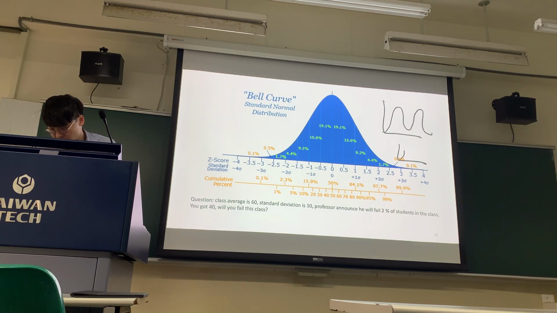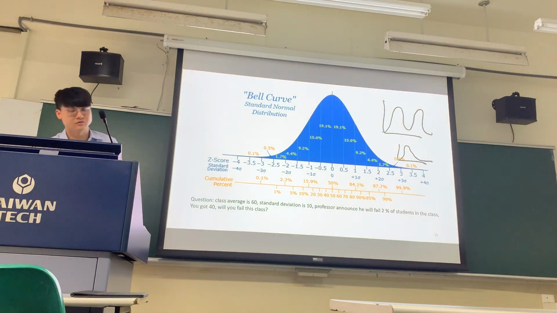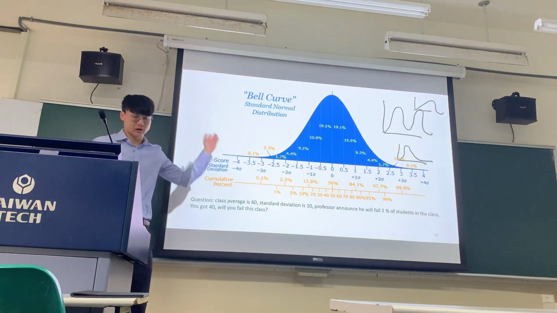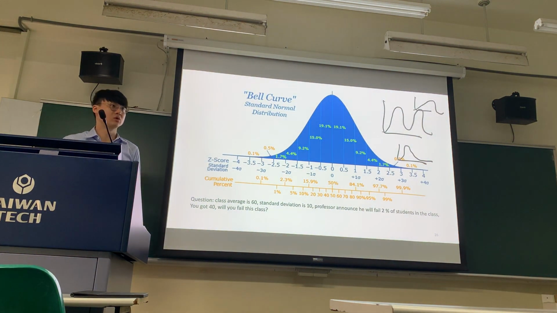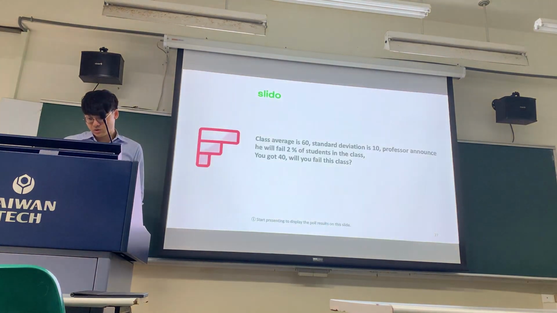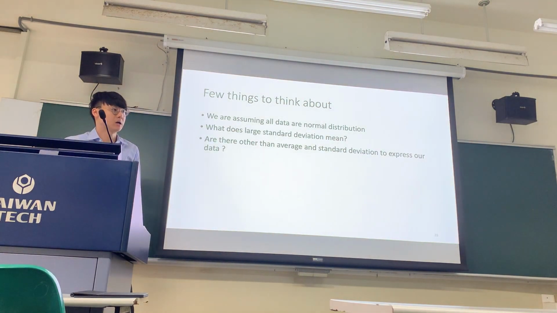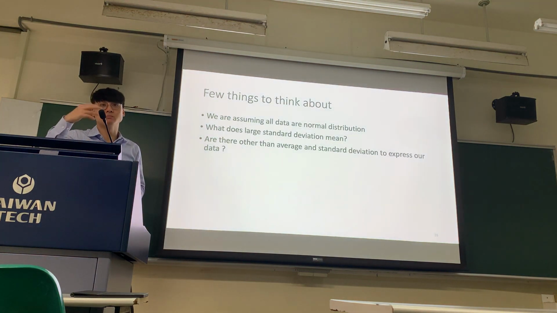Or maybe you have a skew, negative skew or positive skew. Something like that. But this is assuming you have a normal distribution, okay? So a few things to think about. These are questions I won't talk more about in this class, but it's important for you to bring back to your research or at home to think about.